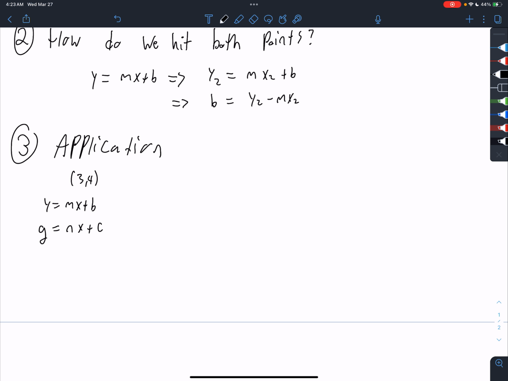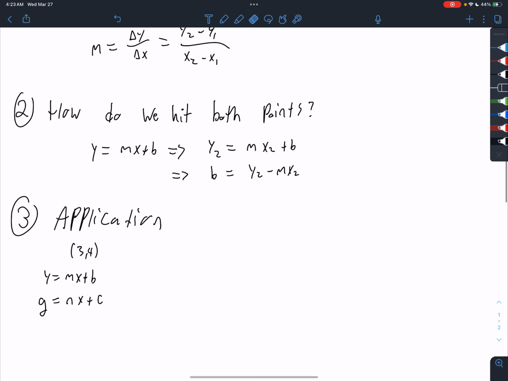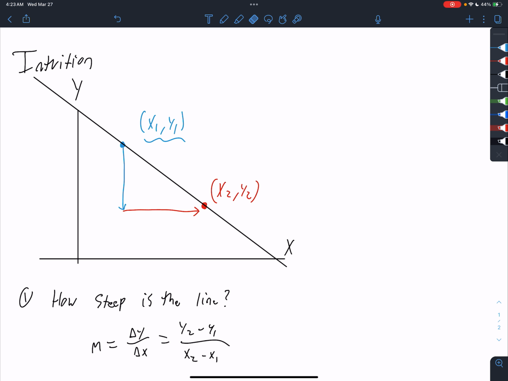Two linear equations, two lines that pass through that point. Okay, well, the first thing is, let's think about the easiest way to do this. So we have our point, and I'll just sketch it out over here.